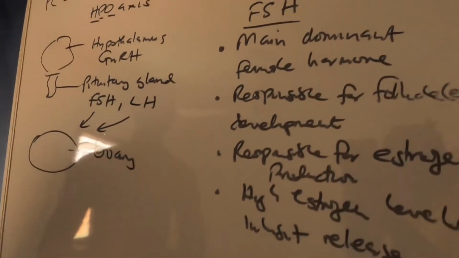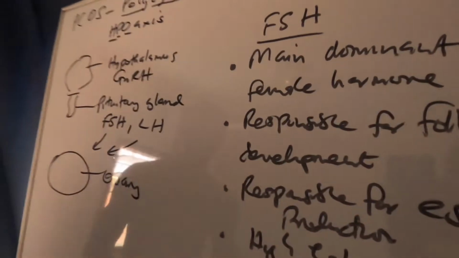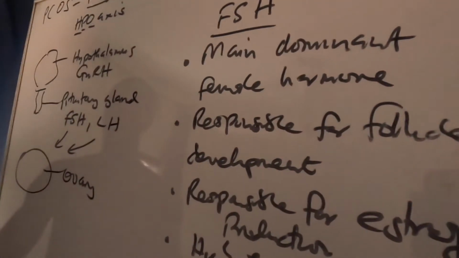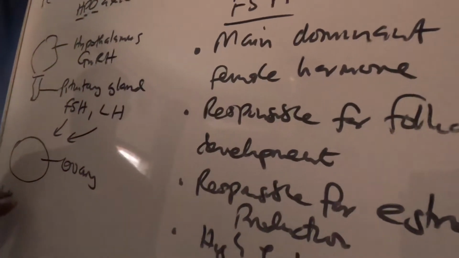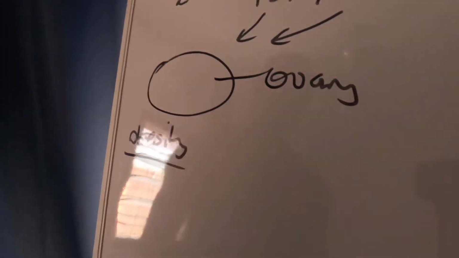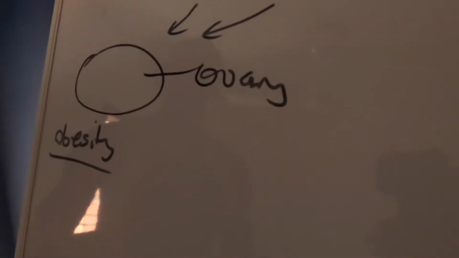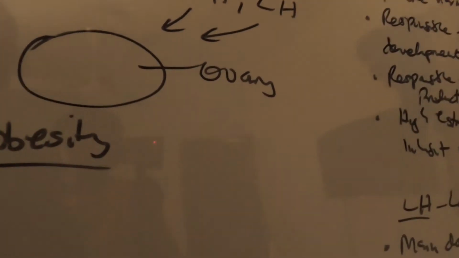Now, these features are going to help us understand the PCOS condition. Now, one major risk factor for PCOS is obesity. Obesity is a condition where you have a lot of fats or cholesterol stored under your skin. For people who are obese, usually their BMI is greater than 30.